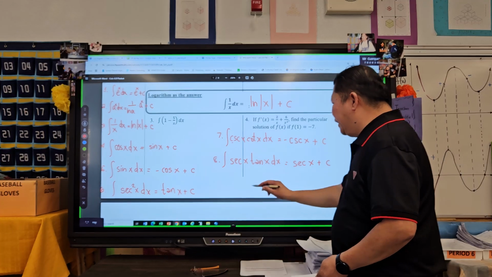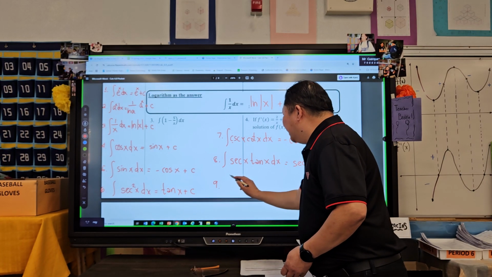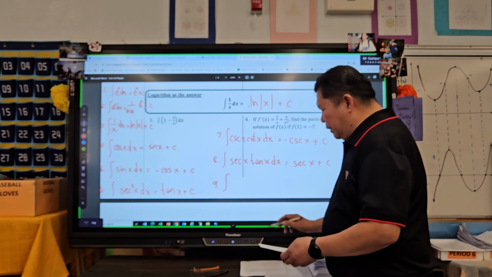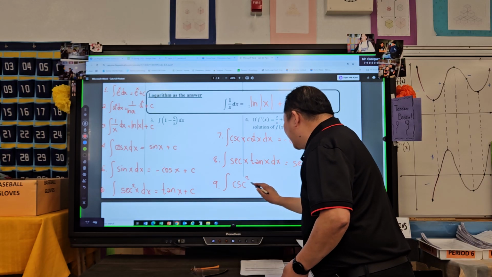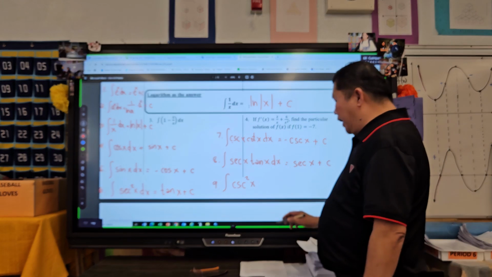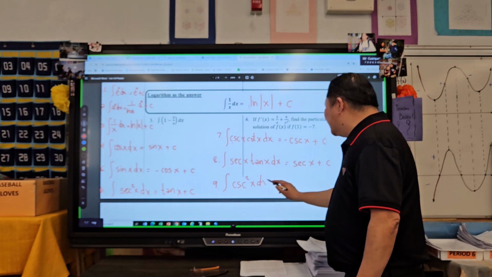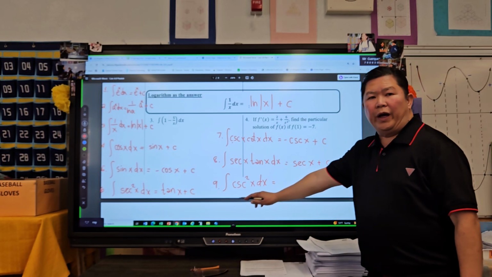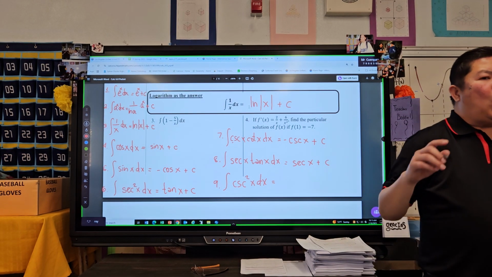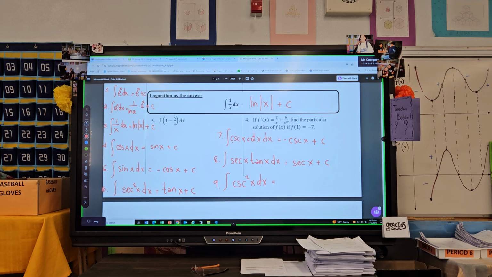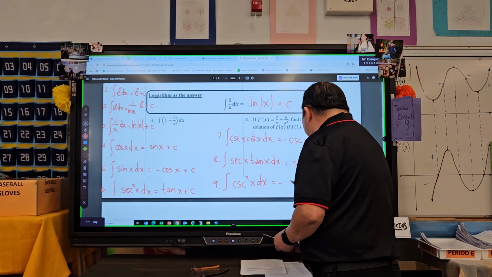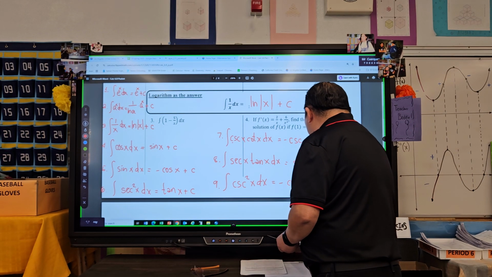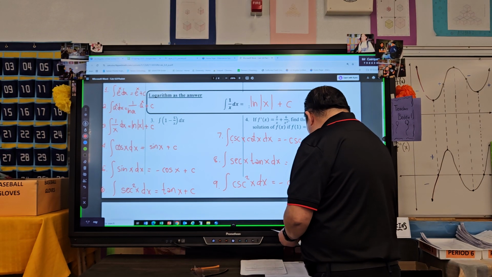And number 9, the integral of cosecant square x dx. So cosecant square starts with letter C. All C's are negative. So this means negative cotangent x plus the constant.